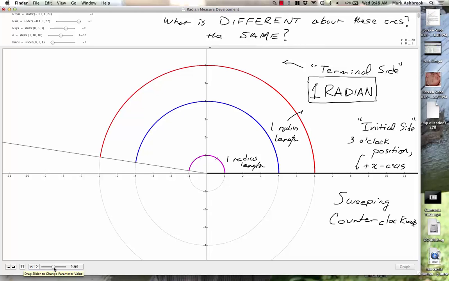All those arcs are a length of 3 radius lengths. Okay, all of those are 3 radius lengths. Therefore, the angle is 3 radians. So here is 3 radians.